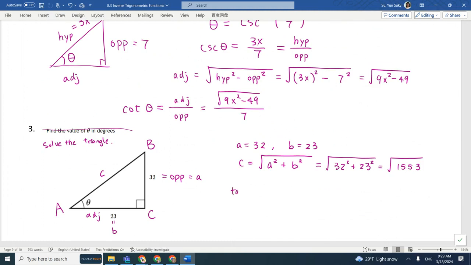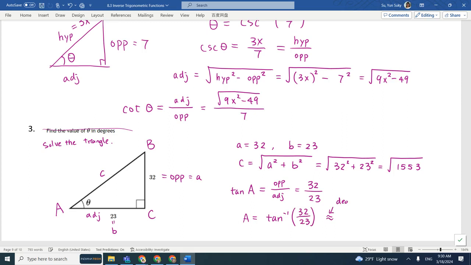So tangent of angle A is opposite over adjacent. What is opposite? 32. Adjacent? 23. Right, everybody? So now angle A is the arctangent of 32 over 23.